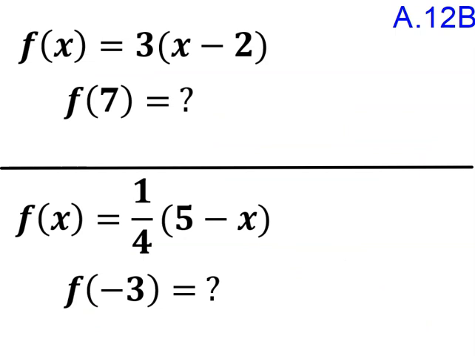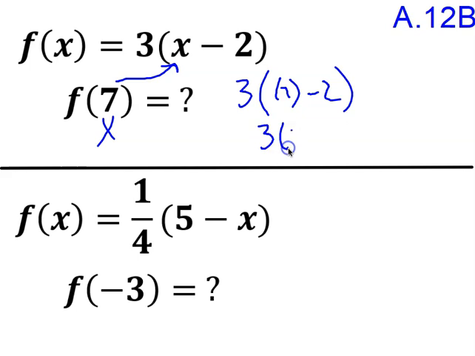So right here, I have f of x equals 3 times x minus 2, and I'm looking for f of 7. So 7 is my x value. It's going to take the place of that x right there. So I can technically say 3 times 7 minus 2. Now, there's nothing in front of that 7 inside the parentheses, so 7 minus 2 is 5. So I can say 3 times 5, and 3 times 5 is 15.